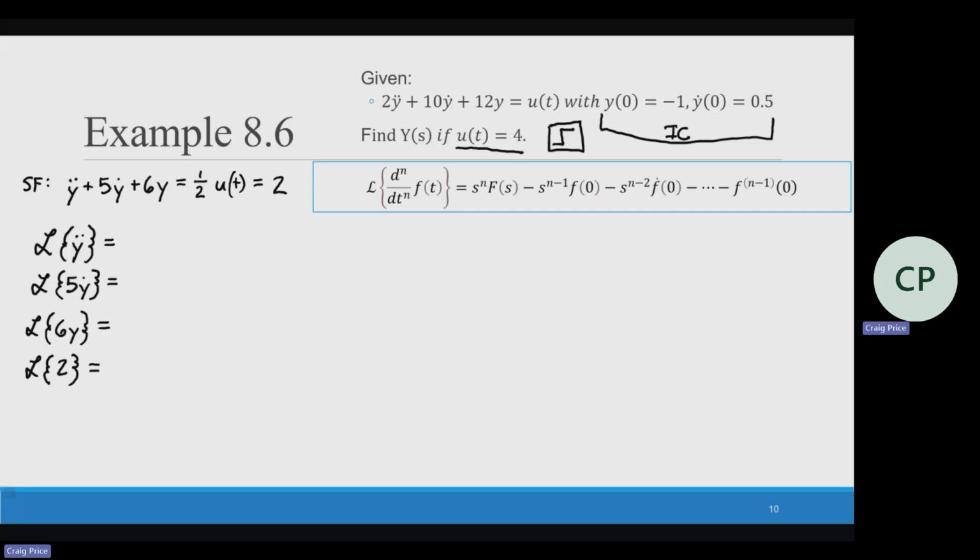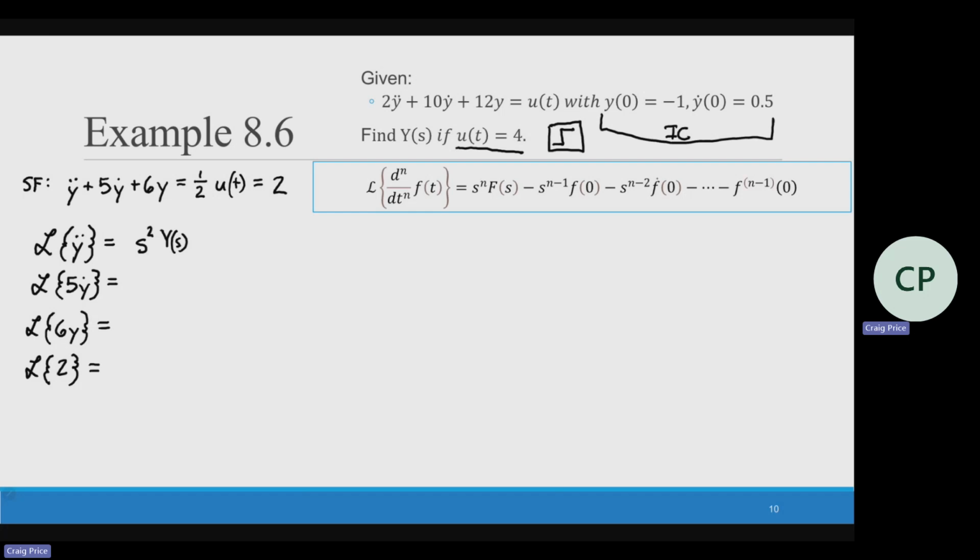Okay, what should my first term be for y double dot? Very good. It's going to be s squared times y as a function of s, because n is equal to 2. So that's my starting point.